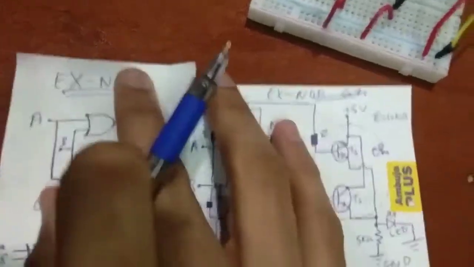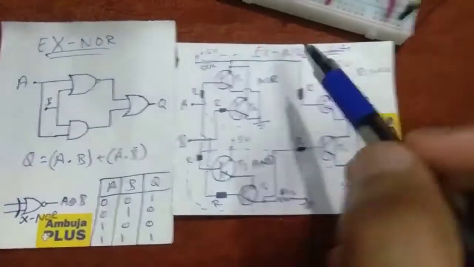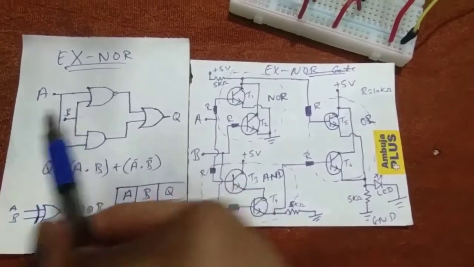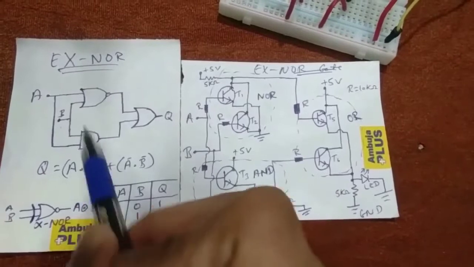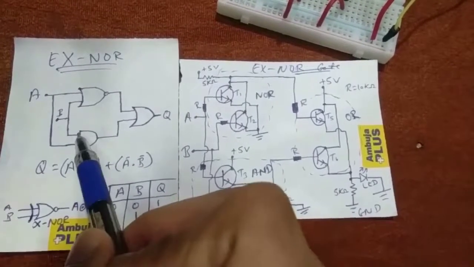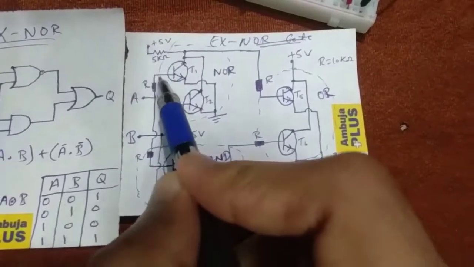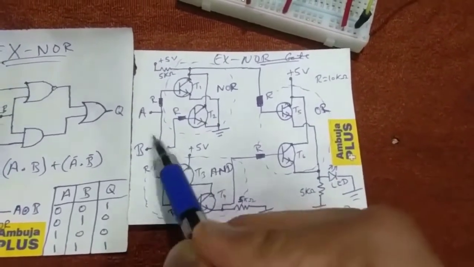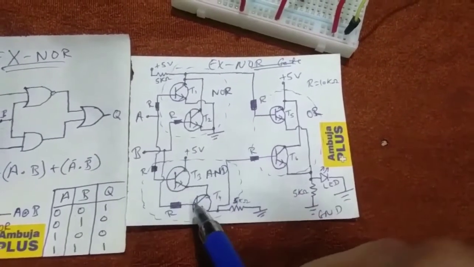You will have to see both of these at the same time to understand this. As you can see here, we have two inputs A and B. Both A and B are connected to this NOR gate, and simultaneously also to this AND gate. In this circuit you can see A goes here and also till here, and B also comes first here and also goes here.